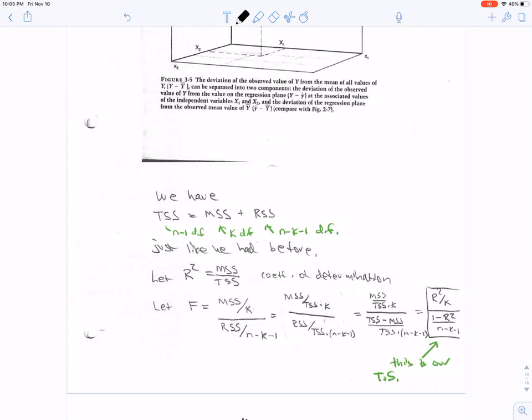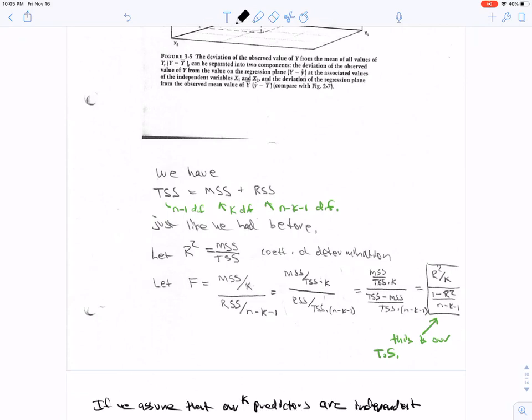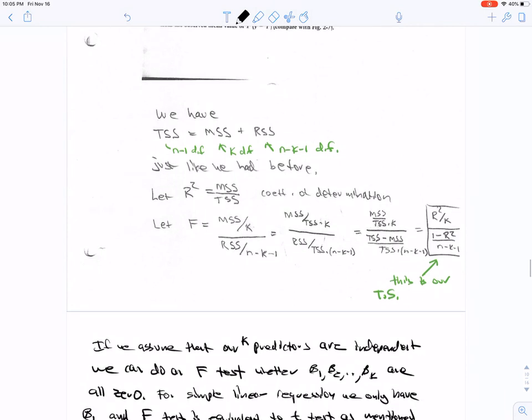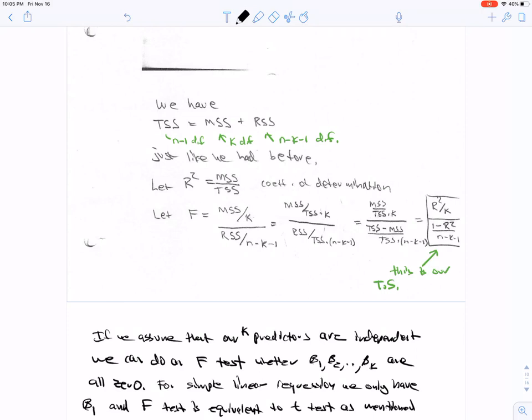And just like before, we have our decomposition of the total sum of squares as MSS plus RSS. The degrees of freedom now are n minus 1, k, and n minus k minus 1 respectively. And like we had above, our R squared is MSS over TSS, the coefficient of determination.